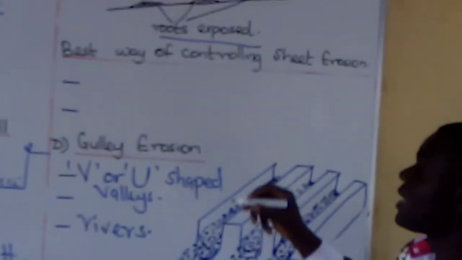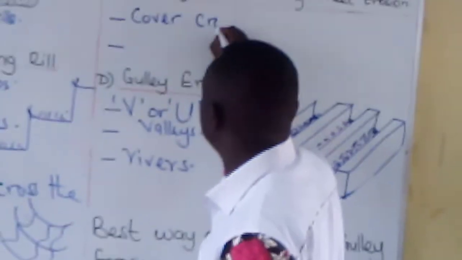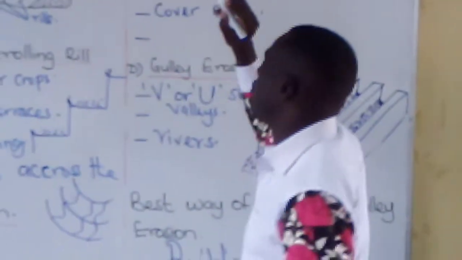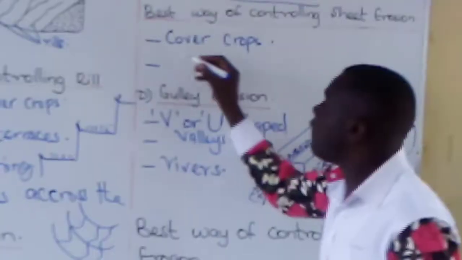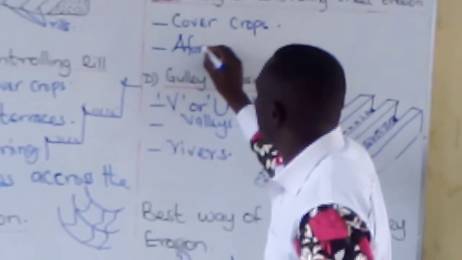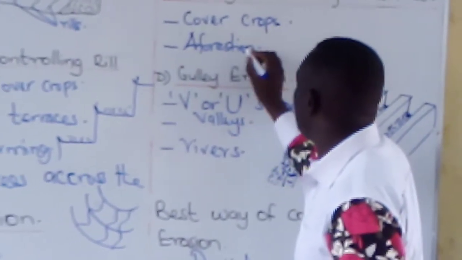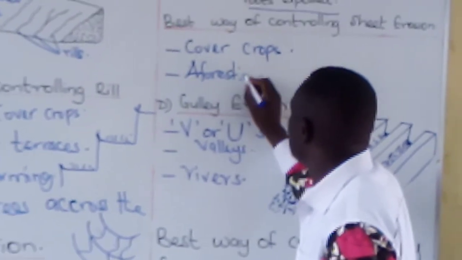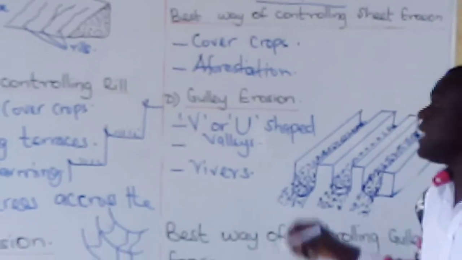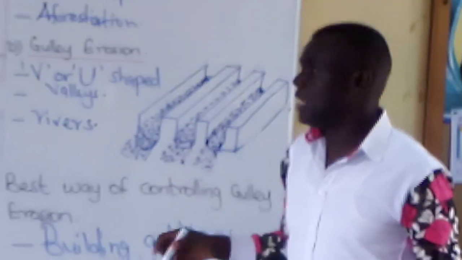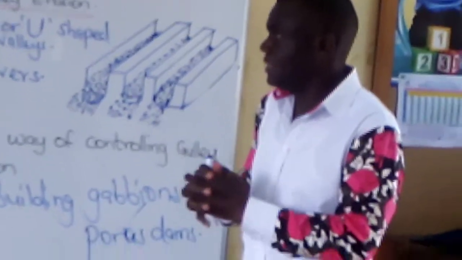Once again, cover crops, which must be planted always. And afforestation is another method: planting trees where they are not planted, so that the ground is held firm, is anchored.